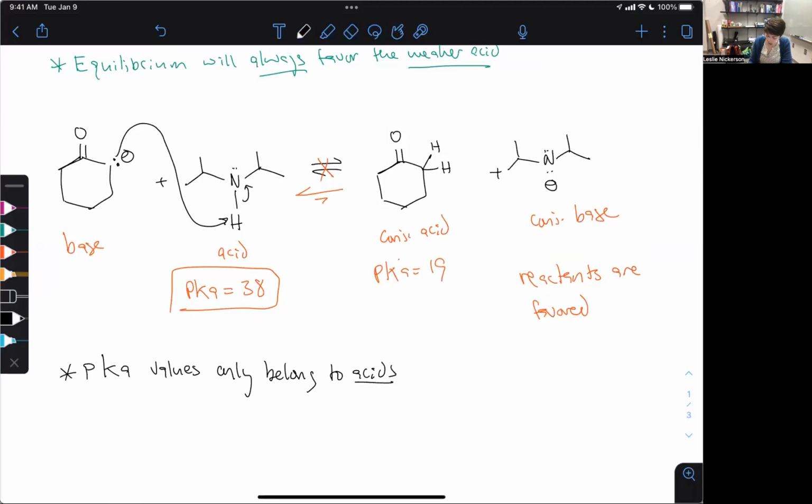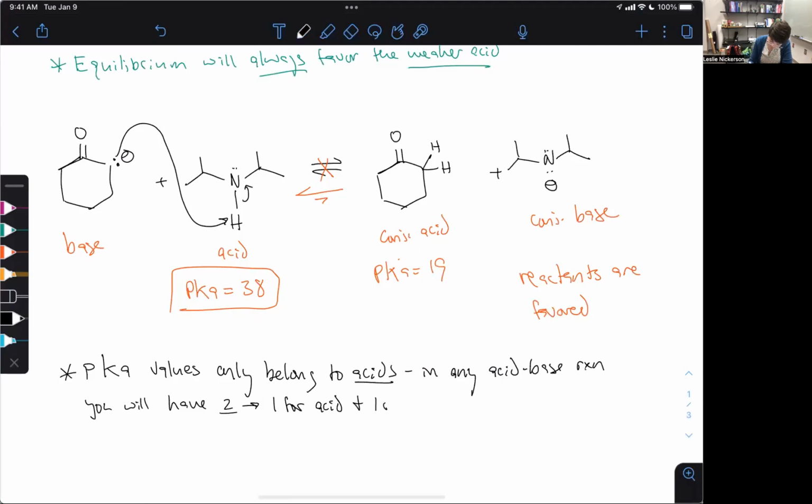In any acid-base reaction, you're going to have two of them. One is going to be for the acid and one for the conjugate acid. We're actually not considering the bases at all here.